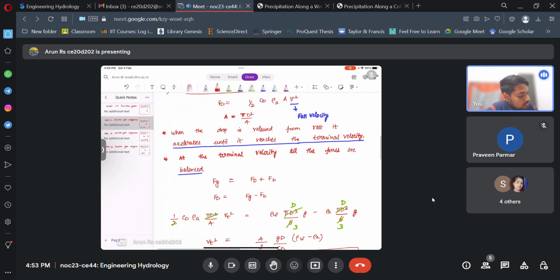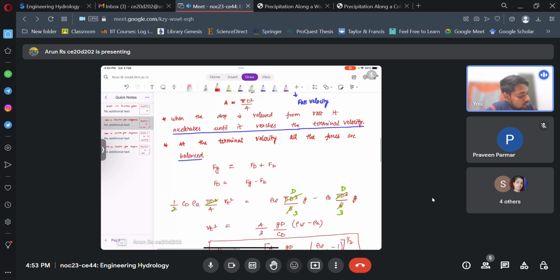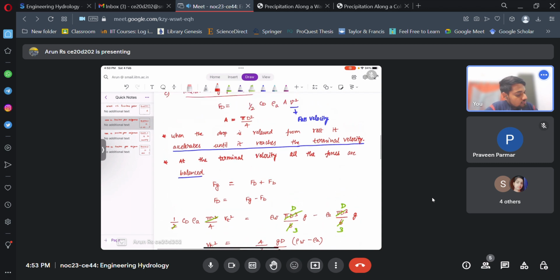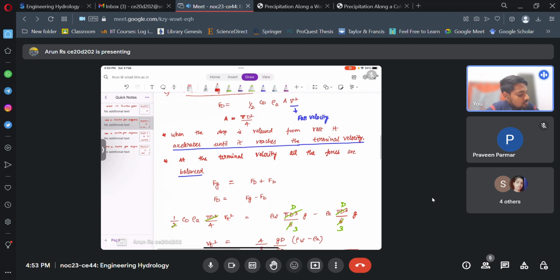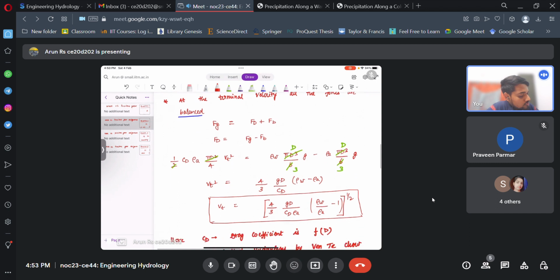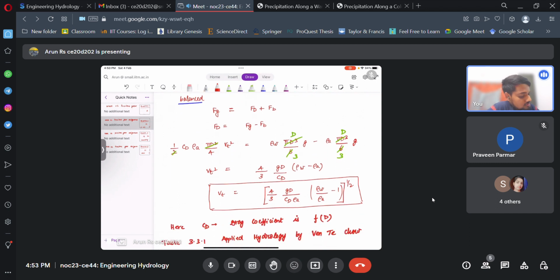And we need to find out this velocity. When it reaches the terminal velocity, this fall velocity becomes the terminal velocity. So if I just substitute the expressions, your drag force is represented by half CD rho A v squared, and here you can see the fall velocity becomes the terminal velocity.